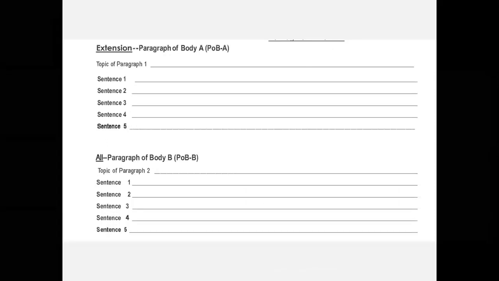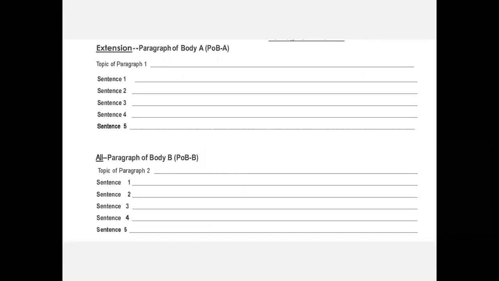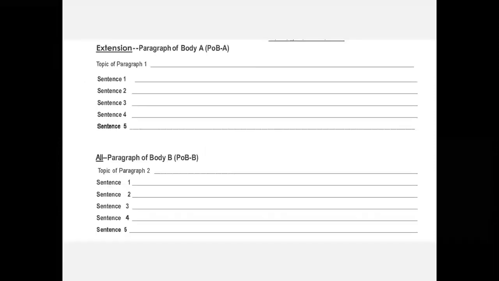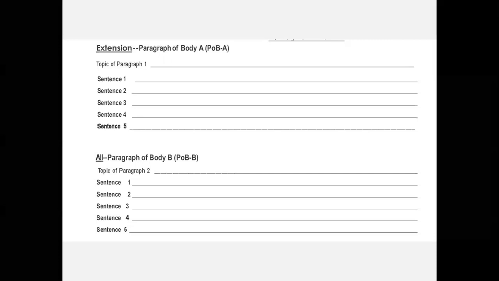Okay, all right. So here you can see this is extension. So only the extension students will do the first paragraph, A, and then everybody will do B, C, and D on the outlining space. All right, so again, you're giving them the passage. You've chosen the appropriate number of paragraphs.